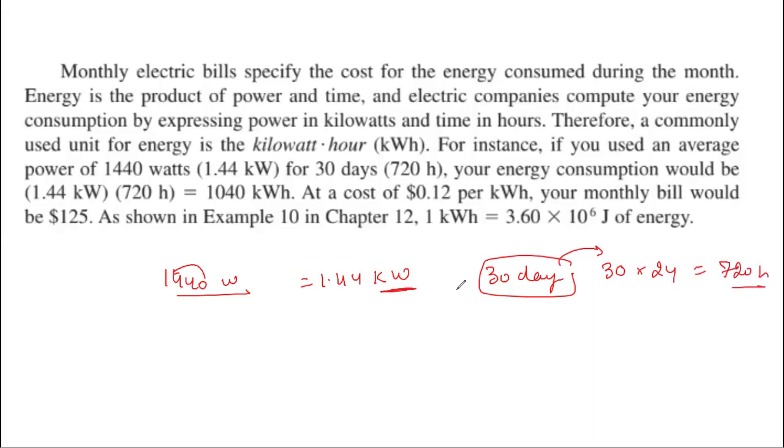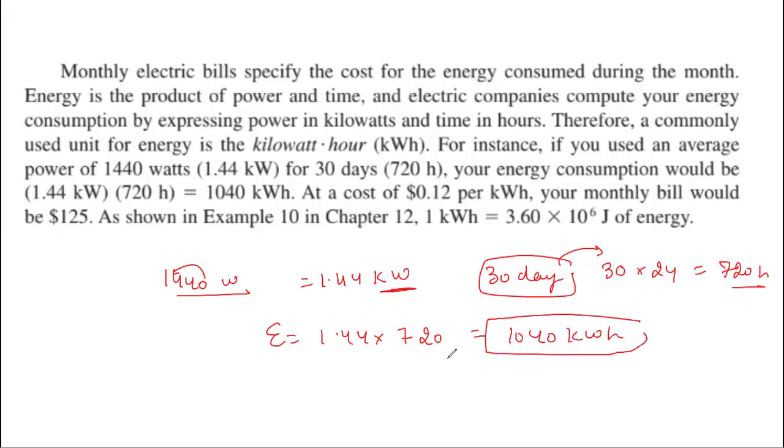So you are using 1.44 kilowatts for 720 hours. So your energy consumption will be given by the multiplication of the power you're using times the 720, okay? And that would give you 1040 kilowatt hours.